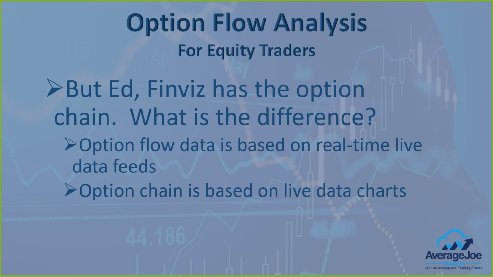It shows you if you get unusual option activity, like all of a sudden things just start getting bought up. Okay, and we're seeing unusual options activity. That could pinpoint a potential trade opportunity.